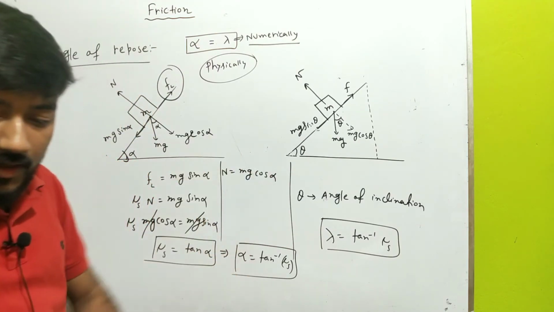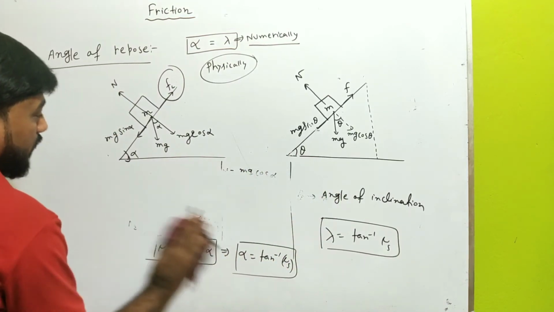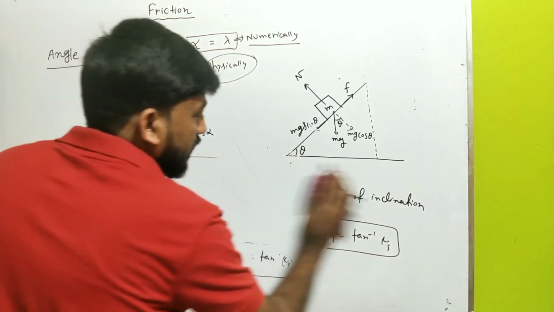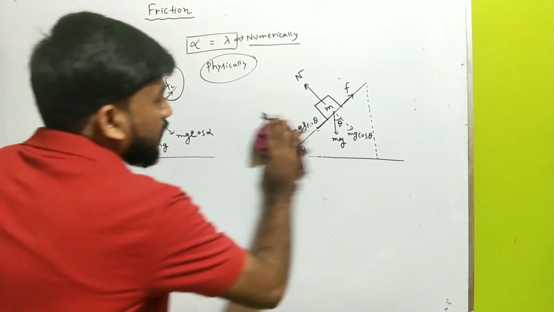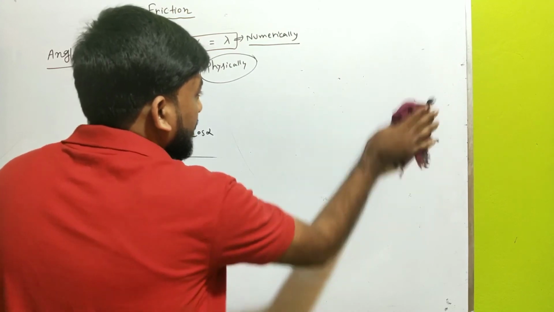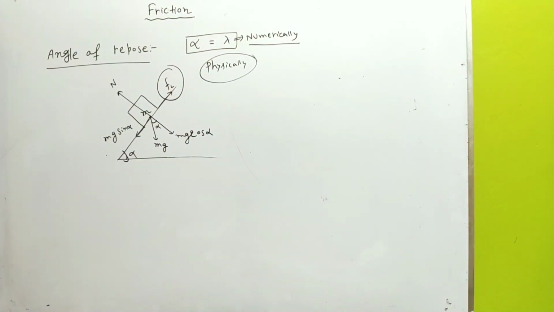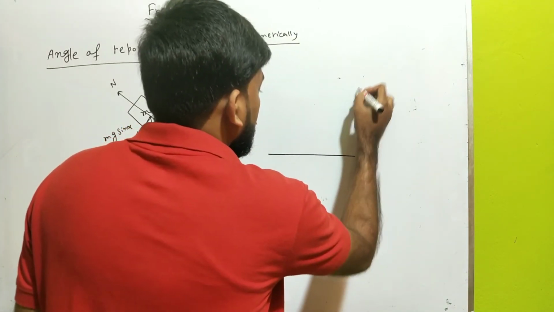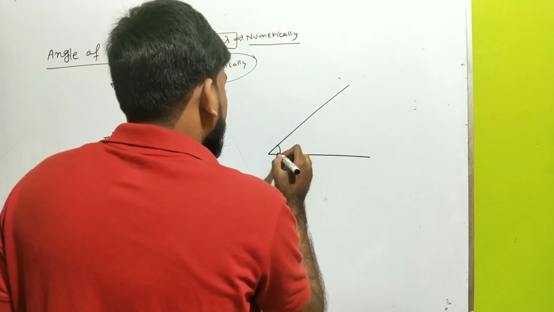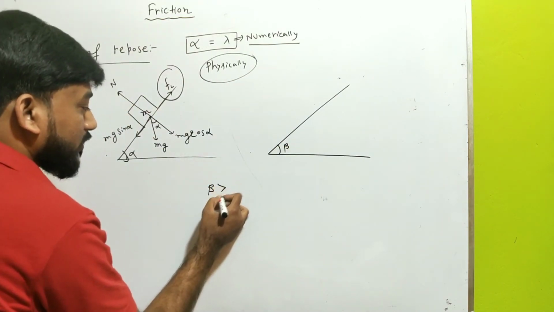So now if we again increase this value of theta beyond alpha, that is, cross the value of alpha, let me take this as beta, and beta is obviously greater than alpha.